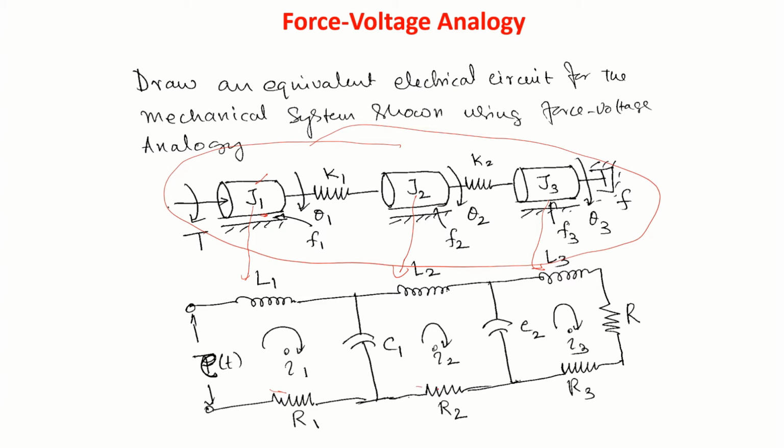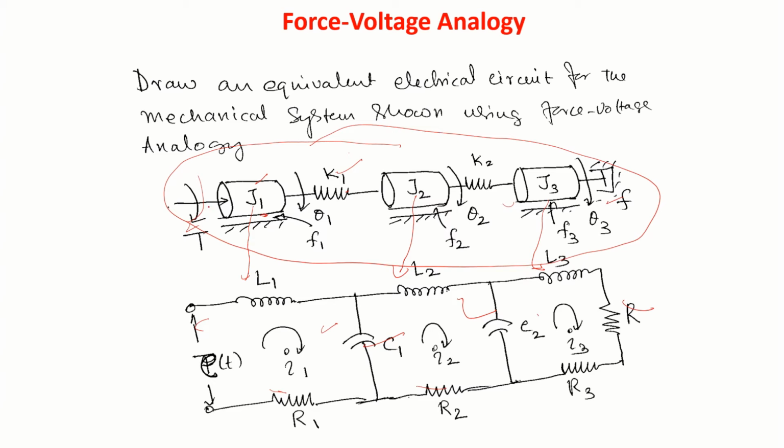Now in between you have C1, and in between you have C2. This is in series, so R. There is torque here, so here voltage. Again I have converted this mechanical circuit into an equivalent electrical circuit.